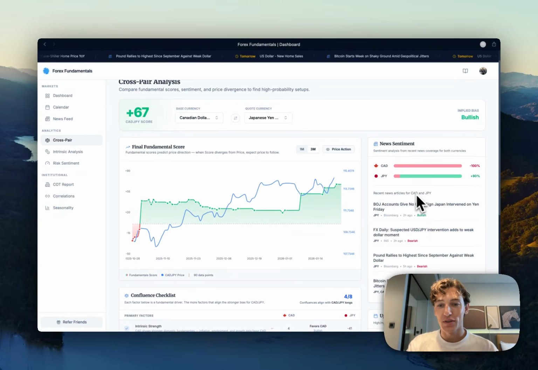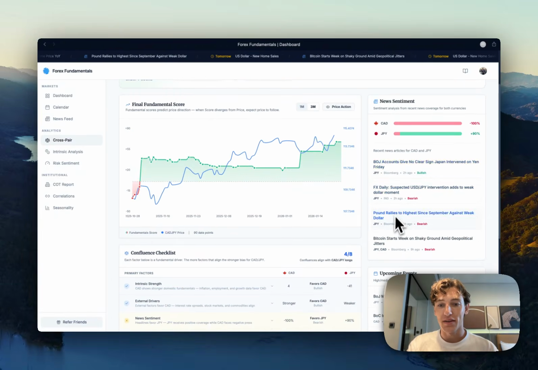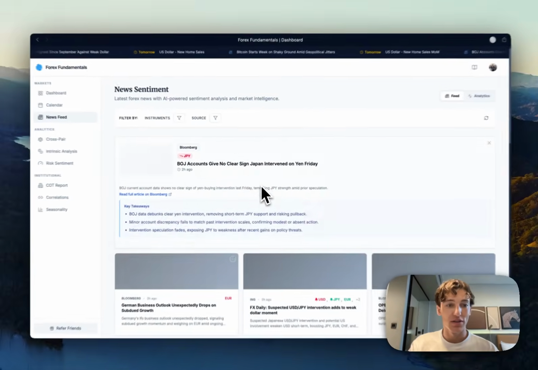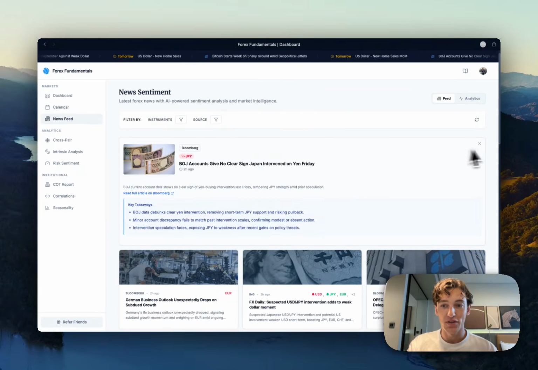So here you also see the recent articles for the yen and the Canadian dollar, and you can see that there is talk about some interventions. This is the exact reason why you always want to incorporate news articles, because fundamental analysis is based on two pillars.